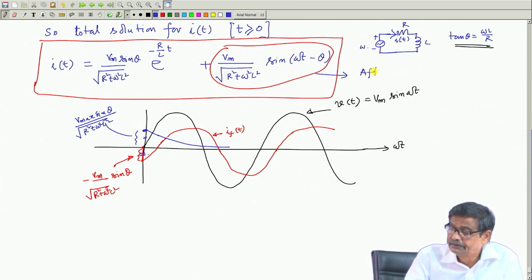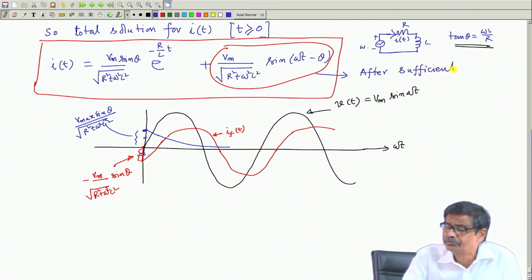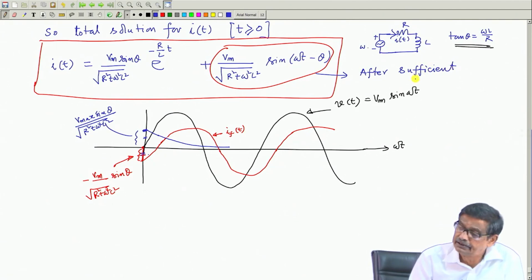After sufficient time, which means talk in terms of time constant of the circuit.